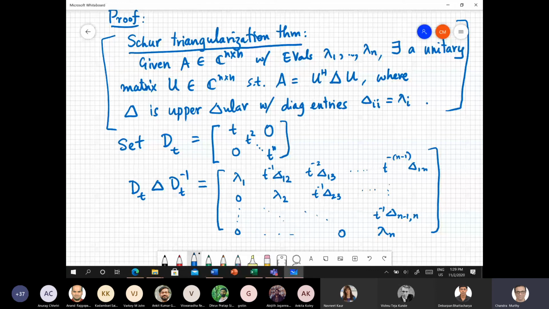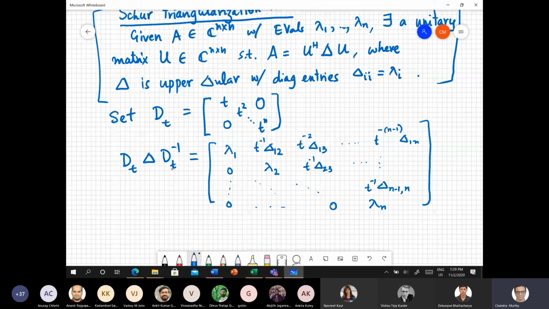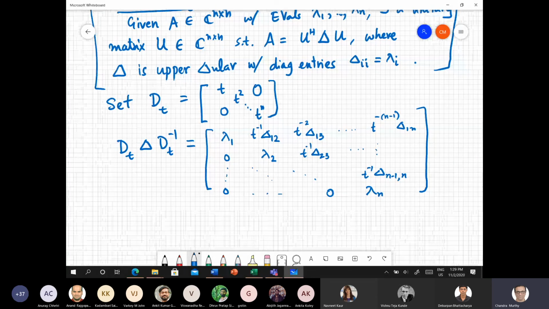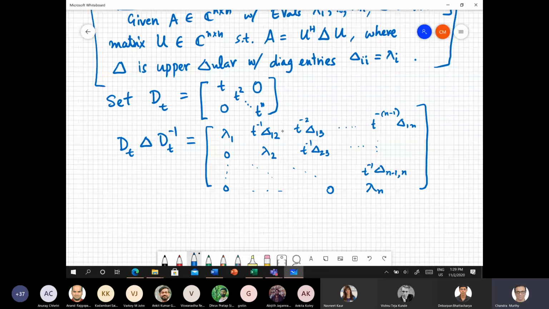Okay, this is what happens if you take D_t delta D_t inverse, where D_t is this diagonal matrix and delta is an upper triangular matrix. So basically, if I choose t to be a very large number, I can make all the off diagonal entries as small as I wish.